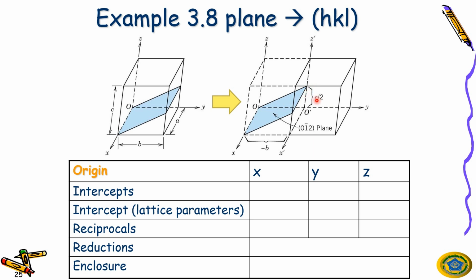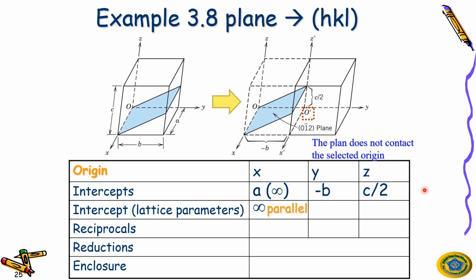Half of C. So that will be infinite, -1, half of C. Of course, you need to take A, B, C out. So it's infinite, -1 and half.